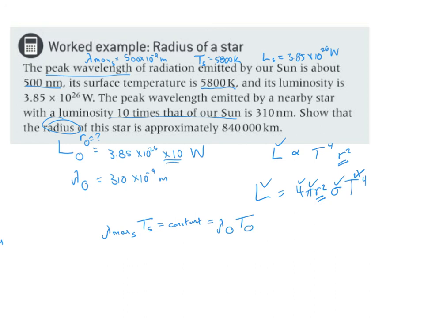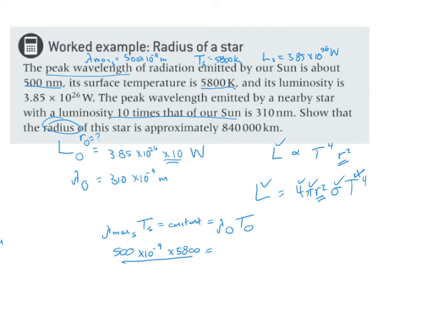I'm just using a circle as a star to differentiate between the sun and the other star's temperatures and wavelengths. So I can multiply the first two values: 500 times 10 to the minus 9 times the 5,800 Kelvin for the sun, which should be equal to the wavelength times the temperature of the other star.